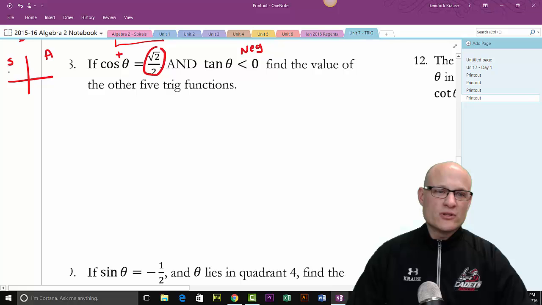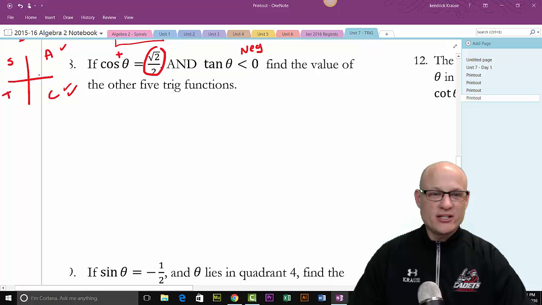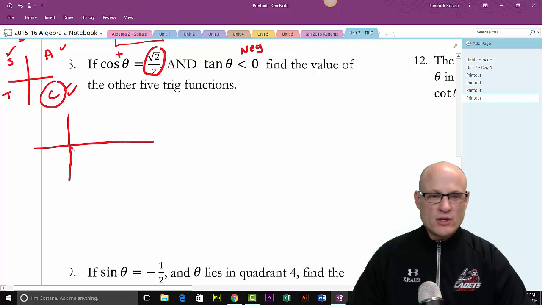All students take calculus. So cosine's positive here and here. Tangent is negative here and up here. So we're looking at the fourth quadrant. So I want to draw a triangle in the fourth quadrant.